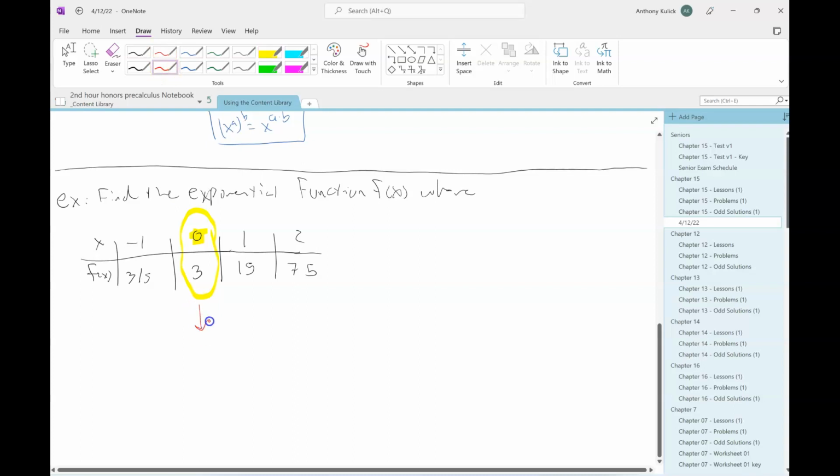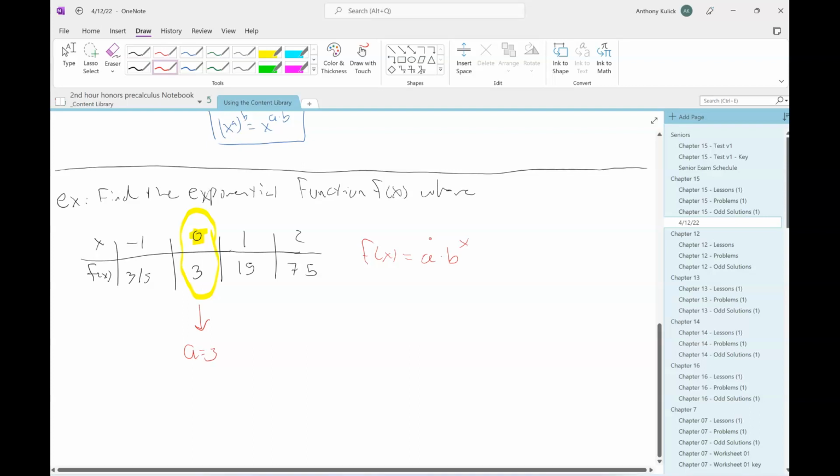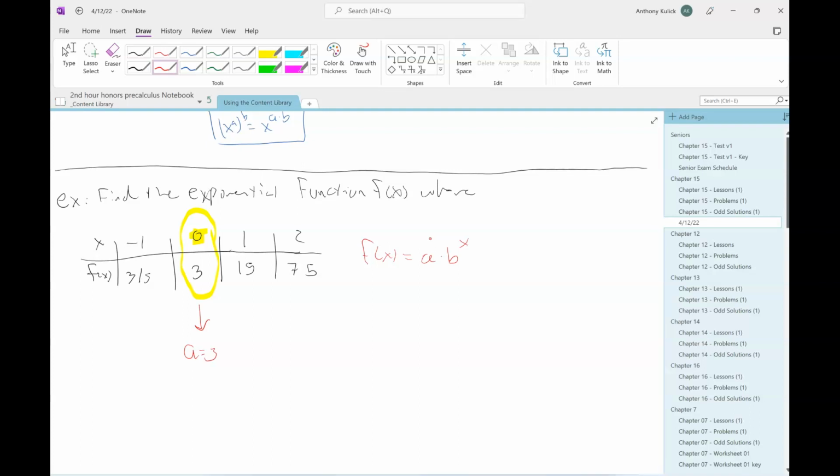Because immediately this tells me that the a value is 3, since what I'm looking to do is write that exponential equation. If I know that where x is 0, it automatically gives me the a value right away. Everybody's cool with that?